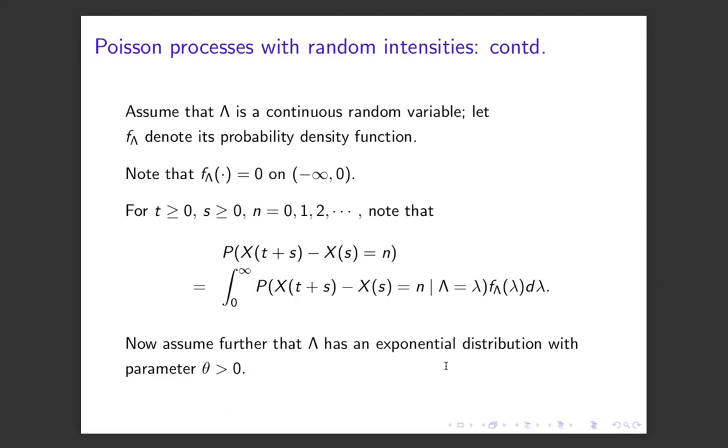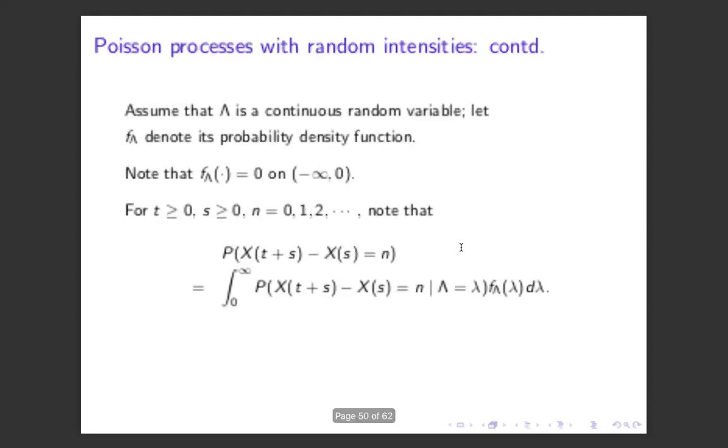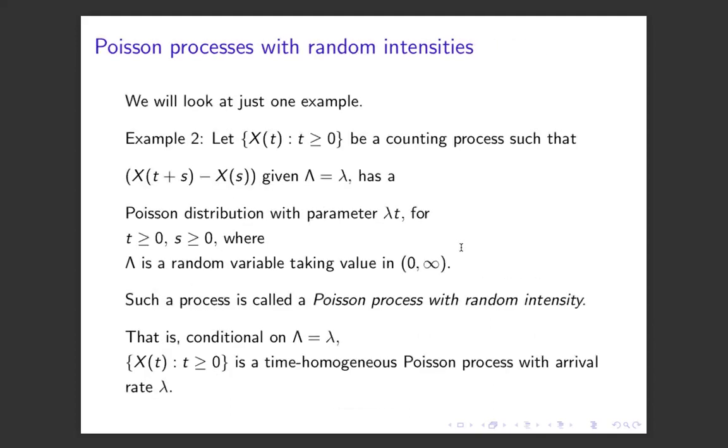So the example which we are going to consider is X_t, a counting process whose parameter lambda is itself a random variable, and that random variable has an exponential distribution with parameter theta. And given that the parameter takes the value lambda, that counting process is a homogeneous Poisson process with arrival rate lambda.